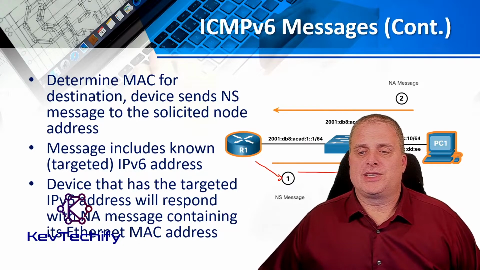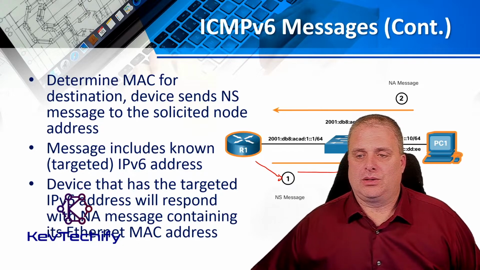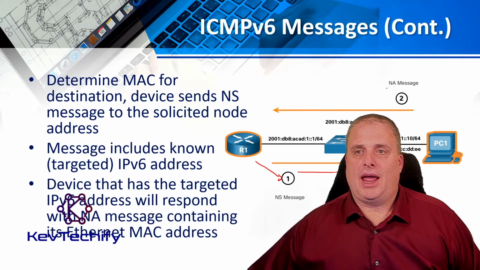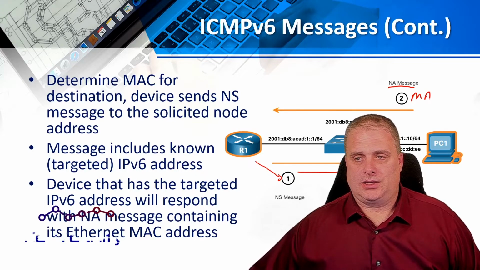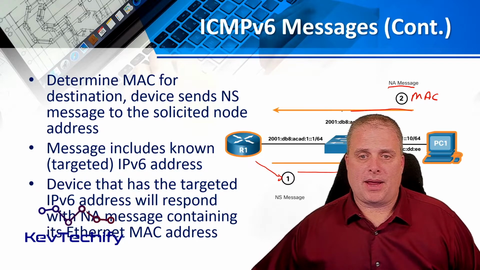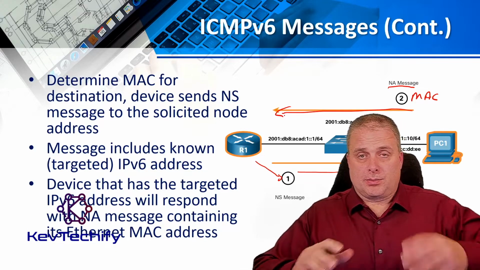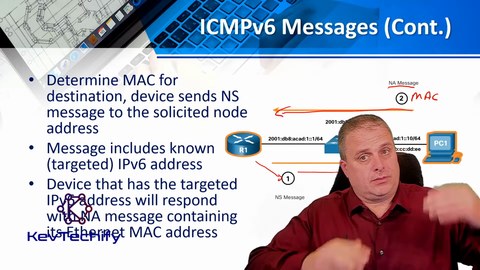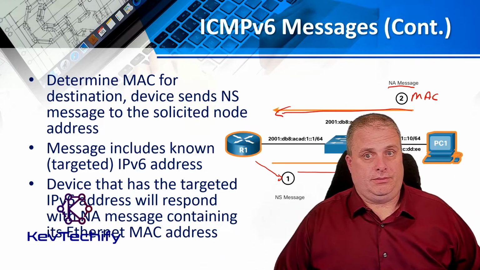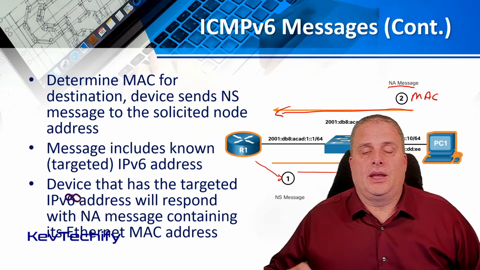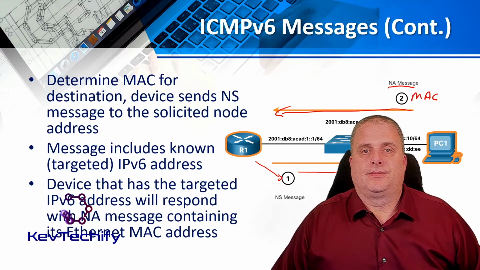The host is going to respond with a neighbor advertisement. That neighbor advertisement includes the MAC address, and that's sent back to the router. The router then knows the MAC address to properly form that layer 2 frame and send it over to the PC. This is similar to the ARP process in the IP version 4 protocol suite.